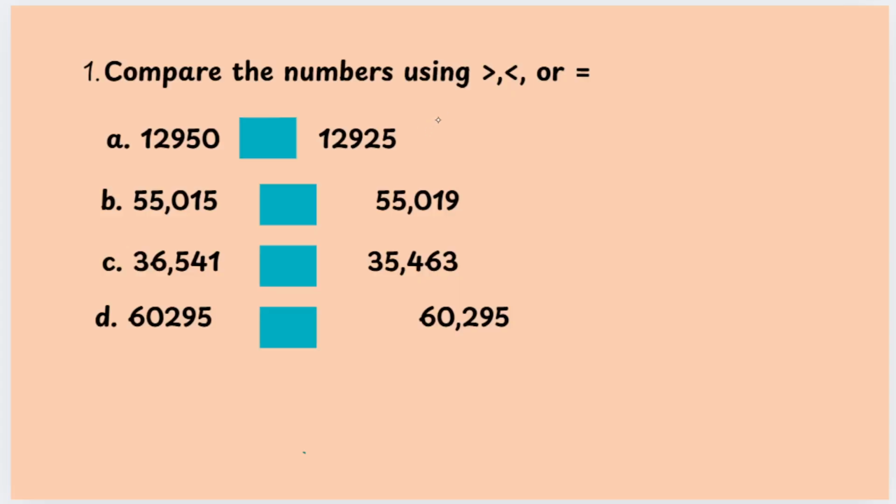How to do this? Already I have given you a simple hint on how to find the greater or smallest number. What I said to you is, if the right number is the greatest, that is bigger, then you have to use this sign.